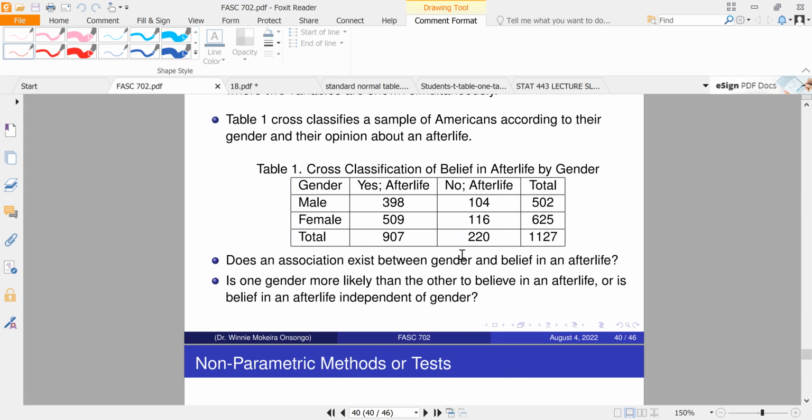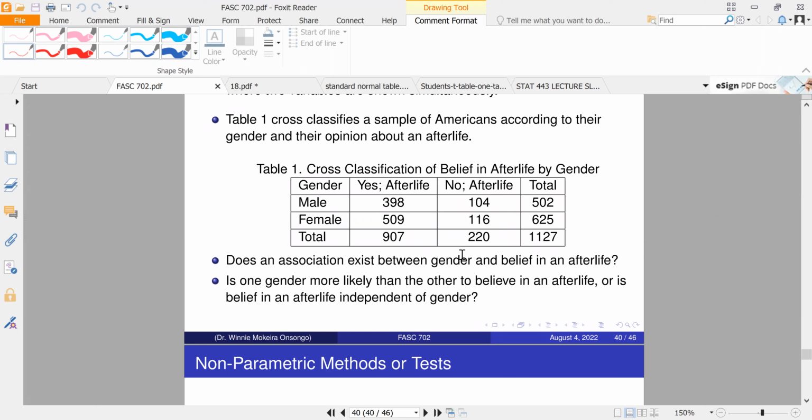So if you consider a population of, let's say, 1, 2, 3, 4, 5. Now, at this point, you realize that the number 3 divides this population into two distinct sets. You have those that are greater than 3 and those that are less than 3.